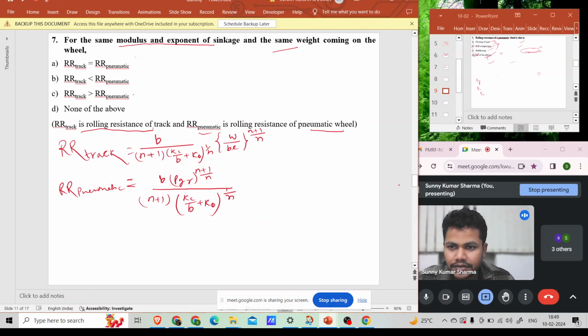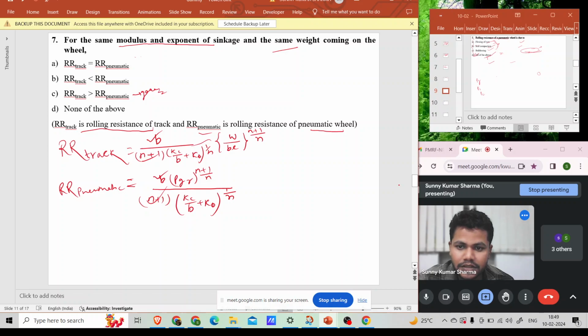Now you said C. So now do you have any answer? If you compare these equations, you will see that we have W here and W here, n plus 1 and n plus 1.